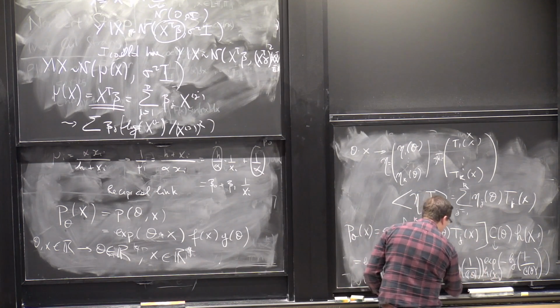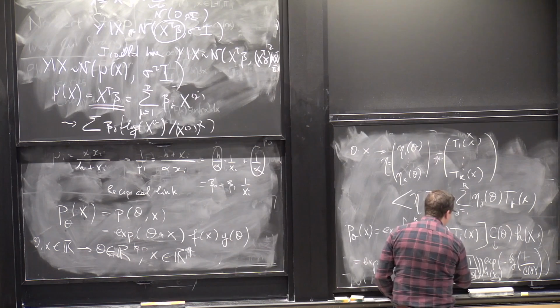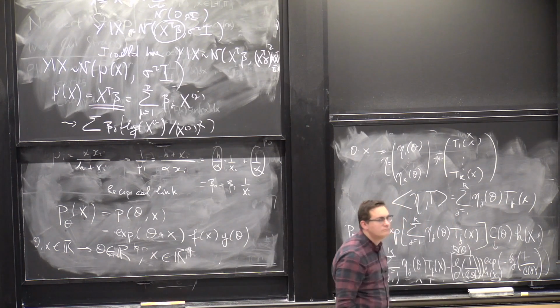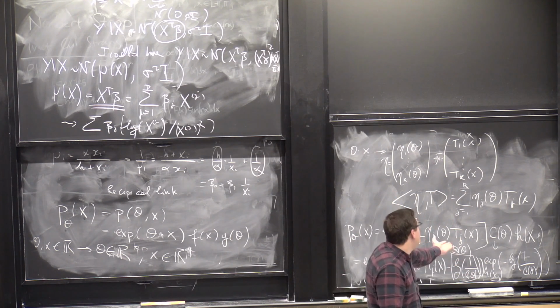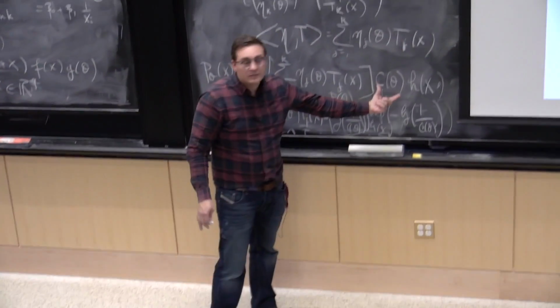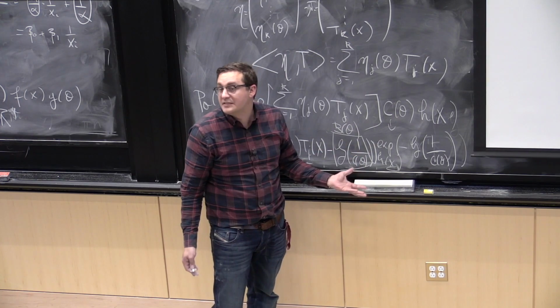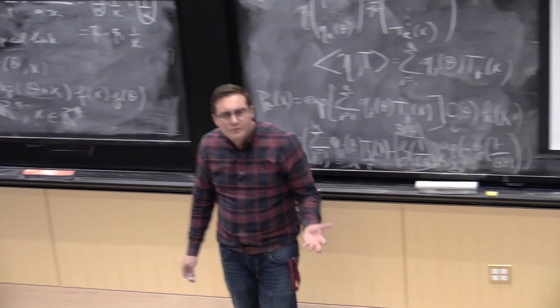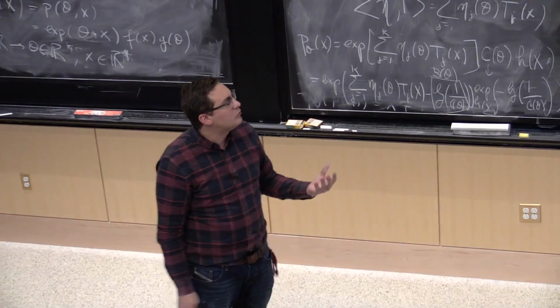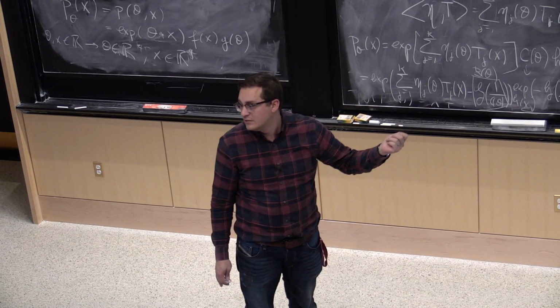And this thing here, log 1 over c of theta, I call b of theta. Because I called it c, but I can directly call it b, and I don't care about c itself.